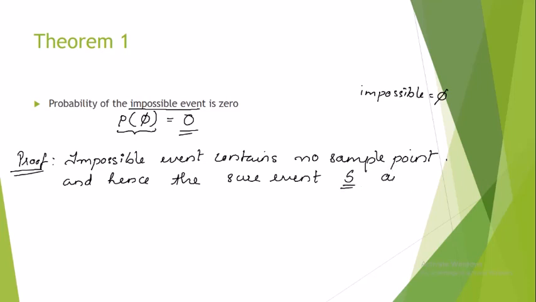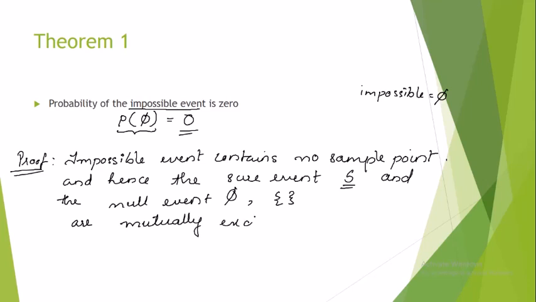And the null event, now how will you represent the null event? Yes, as I said earlier, the null event or the impossible event, you can just write it like this. The null event phi and S are mutually exclusive. So what does this mean?